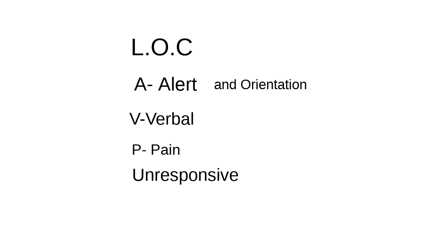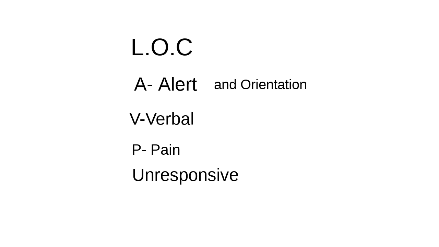Let's recap. The first assessment we conduct for every patient, regardless of whether it's a medical or trauma patient, is to ascertain the patient's level of consciousness. This is the first vital sign we evaluate, right? You will use the AVPU acronym.